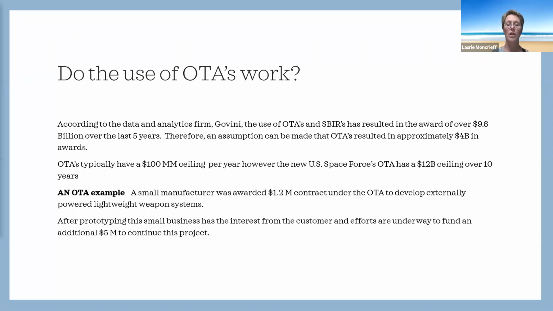So they are working together now, and that customer has put efforts in place to get them an additional $5 million to continue that project. So just know that those awards really are happening, and that's a real live example of a small business that has been successful under OTAs. I think that's a good example.